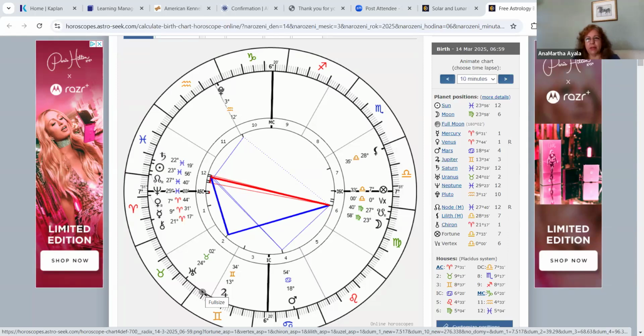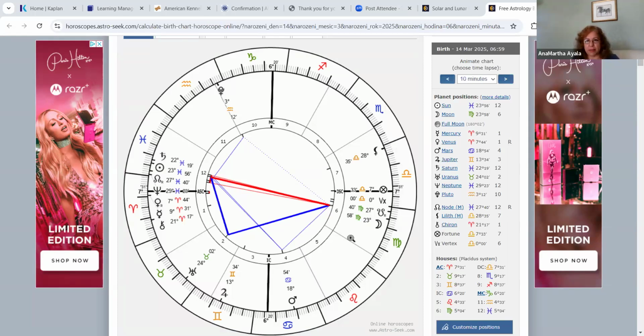Now, that becomes a concern because we will have an eclipse 2 weeks after this one on March 29th in Aries at 8 degrees and 53 minutes. So between these eclipses, it's a very dangerous period for President Trump.